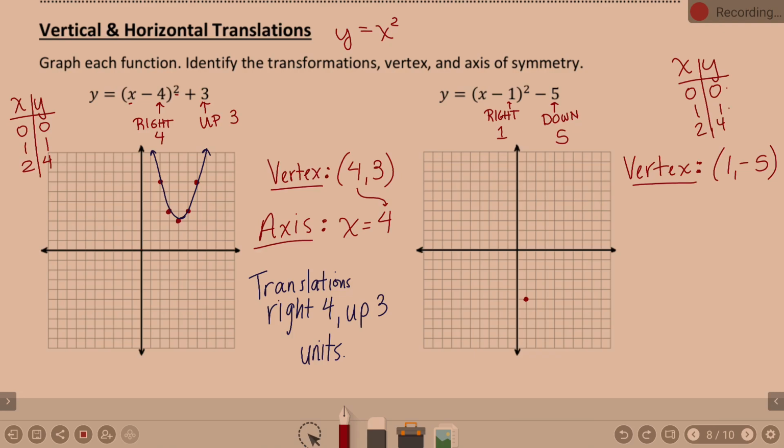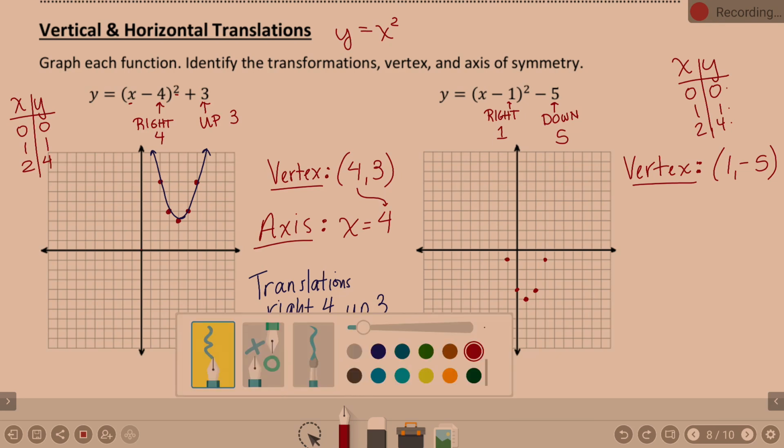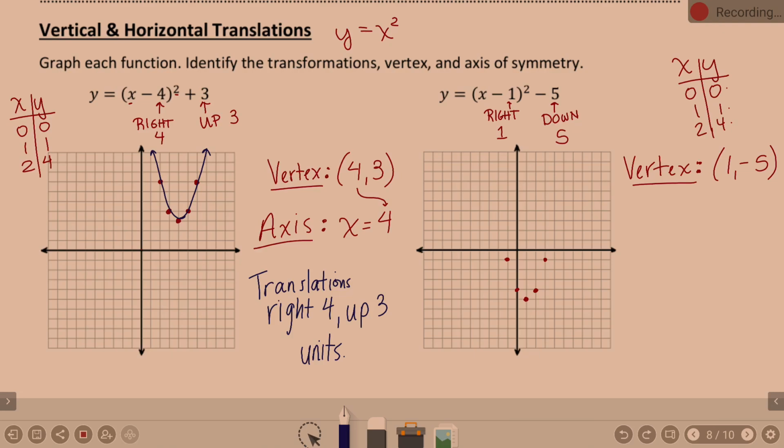First set of points are over 1, up 1. We can go ahead and do them both. Over 1, up 1. Second set of points are over 2, up 4. Again, make it a parabola, make it curvy, not pointy.